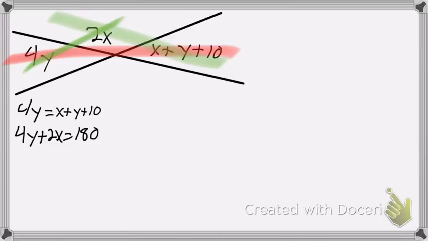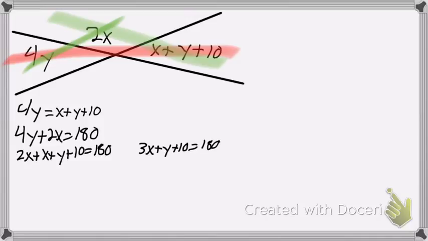And then I also have 2x plus x plus y plus 10 equals 180. Now, I want to see if I can tidy things up a little bit. So that's going to give me 3x plus y plus 10 equals 180. Go ahead, subtract 10 from both sides. And I'm going to get 3x plus y equals 170.